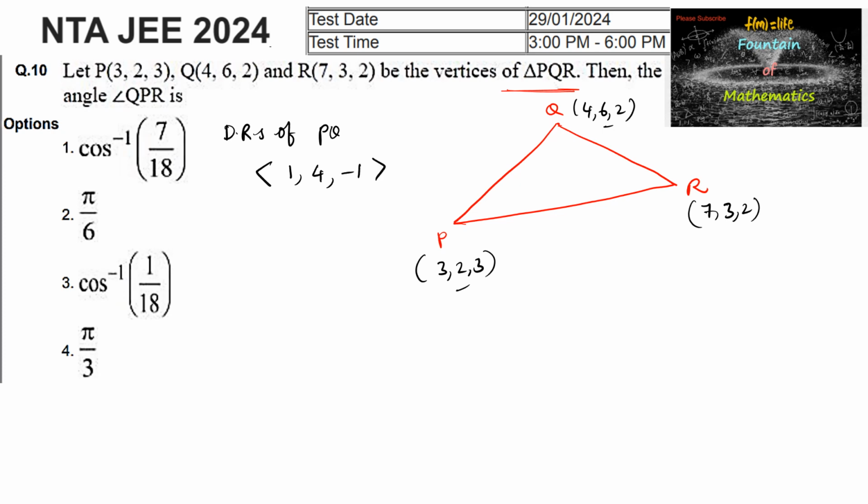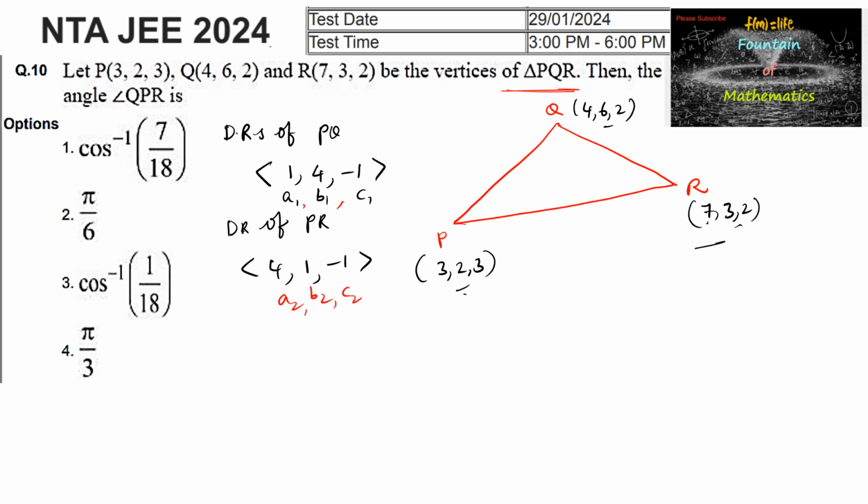And direction ratios of PR can be taken as 7 minus 3, 4, and 3 minus 2, 1, and 2 minus 3, it is negative 1. So let us consider the direction ratios as A1, B1, C1, and here A2, B2, and C2.